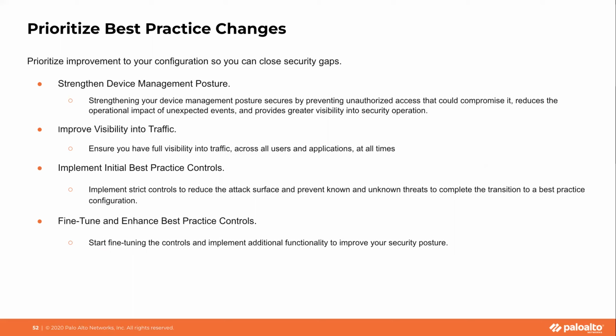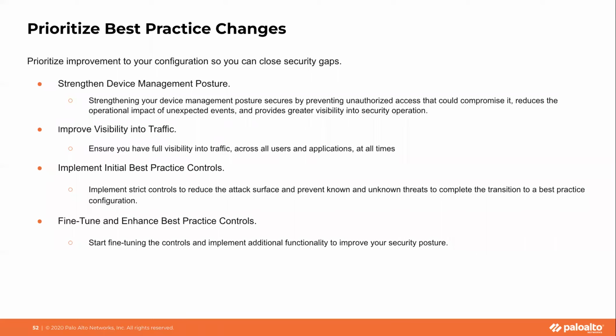And once you implement control capabilities, you can allow the traffic and detect and block network applications and exploits, run the BPA again, and measure the gaps. And then fine tune or enhance best practice controls.